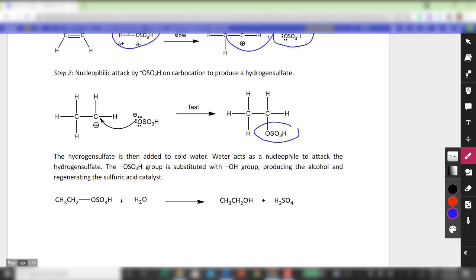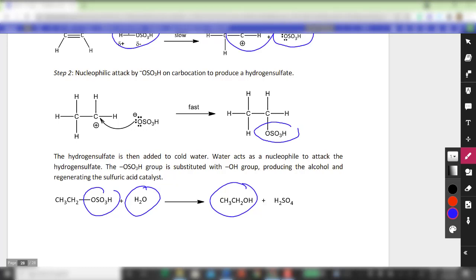So in the presence of water, this C-O bond is weak because of the presence of sulfur, and it will be hydrolyzed relatively quickly, and you will generate the alcohol in no time.